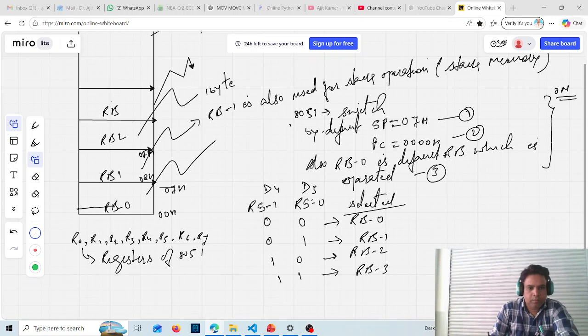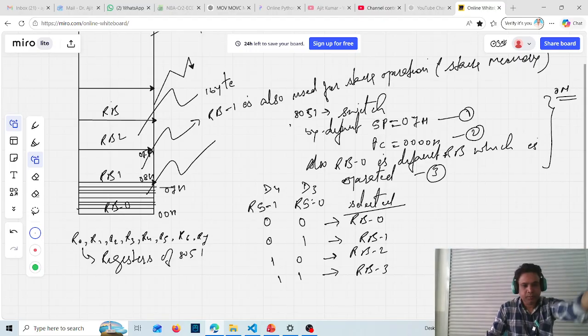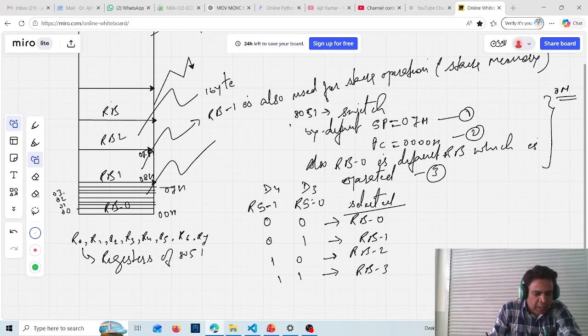So this is the first location 00, then 01, then 02, 03, 04, 05, 06, 07. They are not properly aligned, but they are like this: 00, 01, 02, and so on.